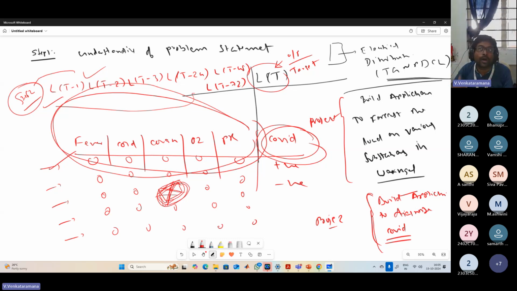Okay. How do we treat the missing values? If you want to treat the missing values, there are different options. One option is, if this value is missing, you can drop this complete row.